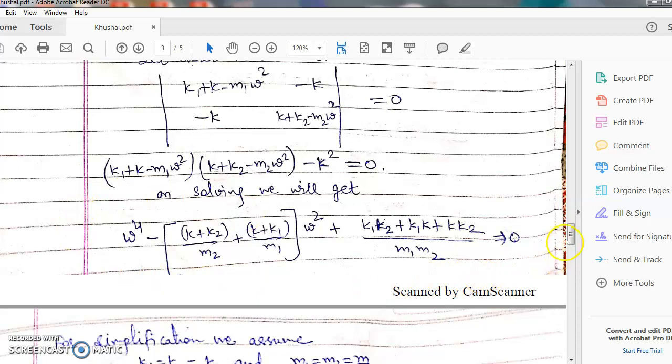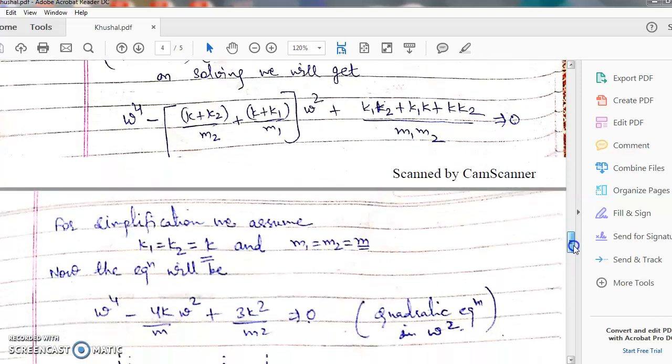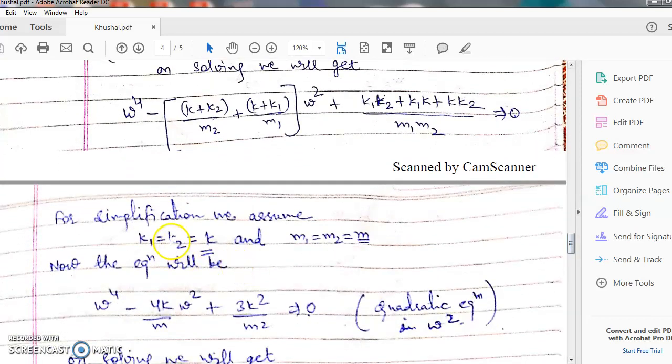So for simplification, I am assuming k1 equals k2 equals k, and assuming m1 equals m2 equals m. Now the equation will be this. Now it is in simplified form and it is quadratic in omega square.